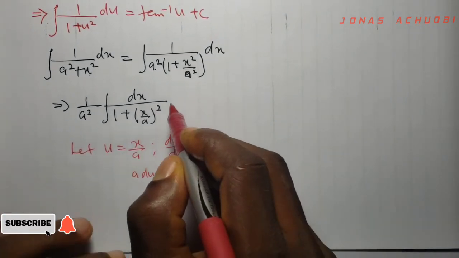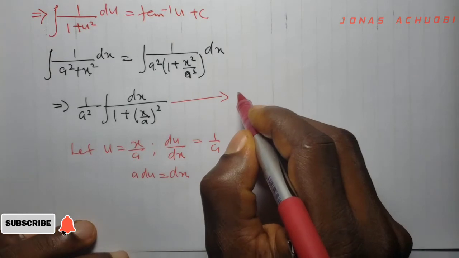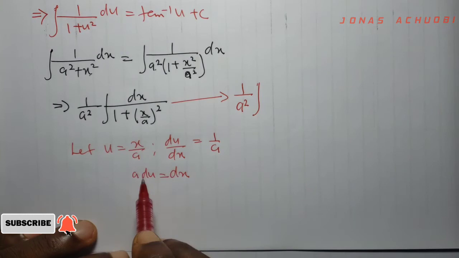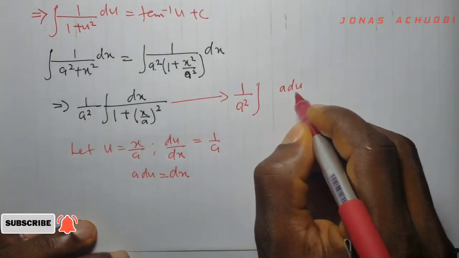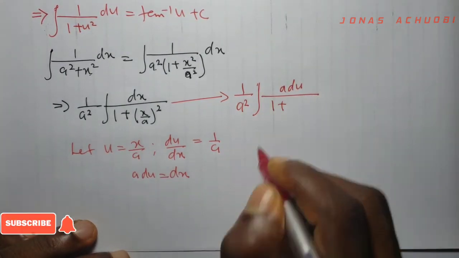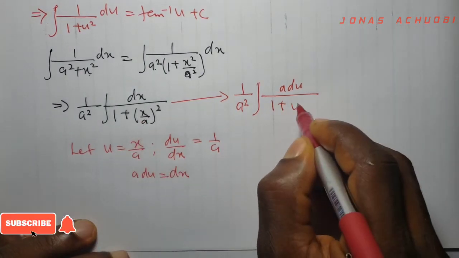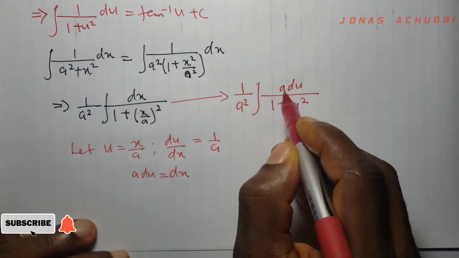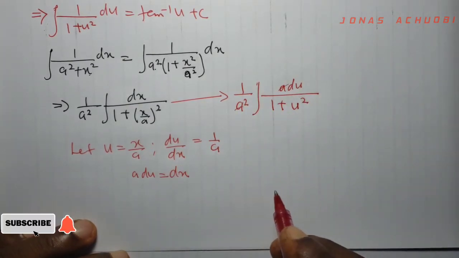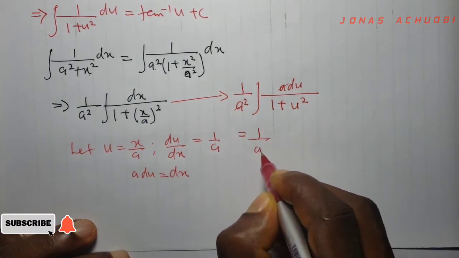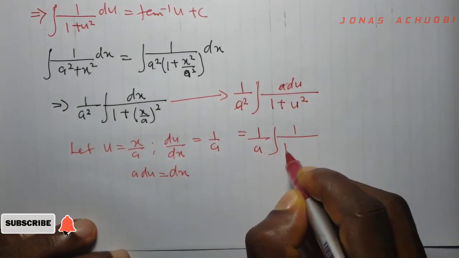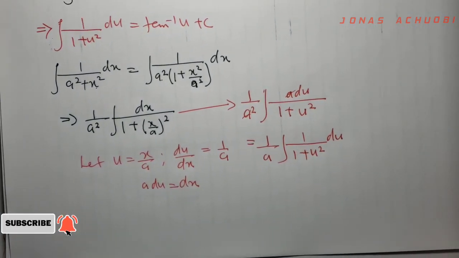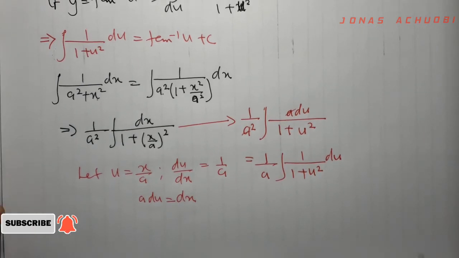So the integral here becomes 1 over a squared, integral of a du over 1 plus u all squared. There are two a's down here, there is one up, so one of these will cancel one down here, and what we have left is 1 over a integral of 1 over 1 plus u squared with respect to u.